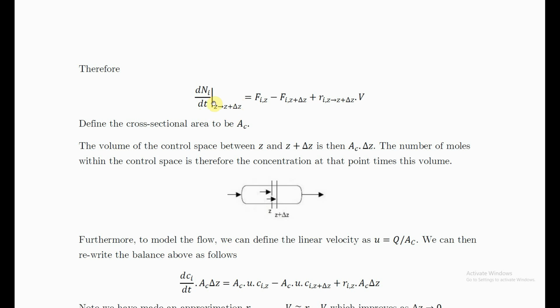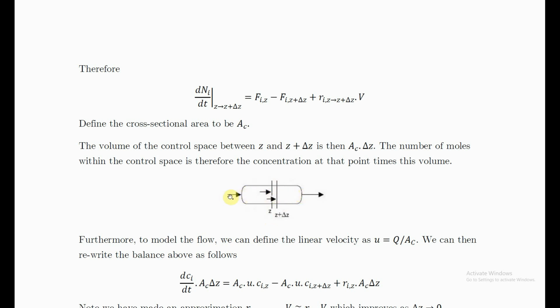So I'm saying this is dNi/dt at Z to Z plus delta Z. And then arriving into this, right, is the molar flow rate at position Z. So here we are pretending now that there exists an actual reactor here and that it has an inlet flow and an exit flow. And the inlet flow is actually due to the flow of the reacting fluid through this tube.